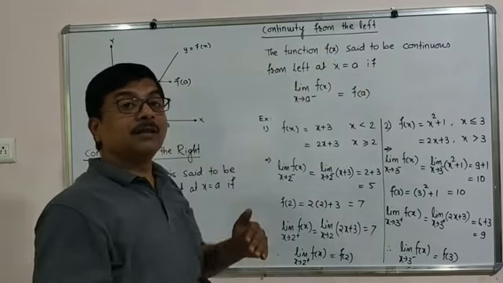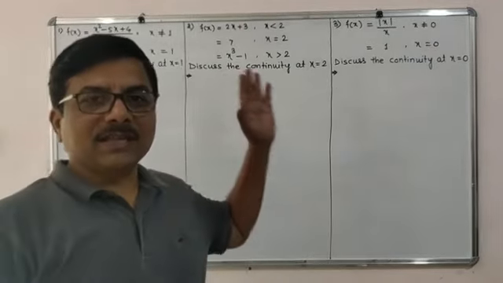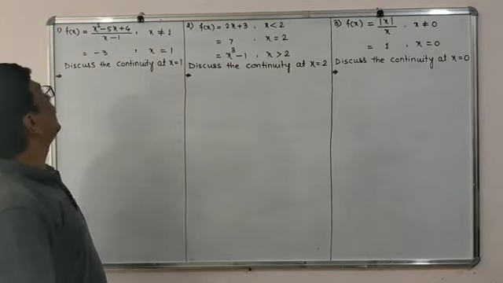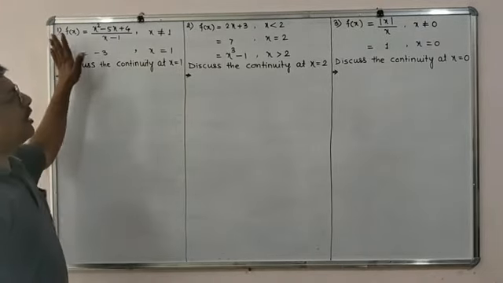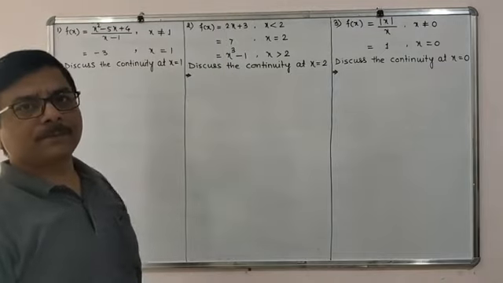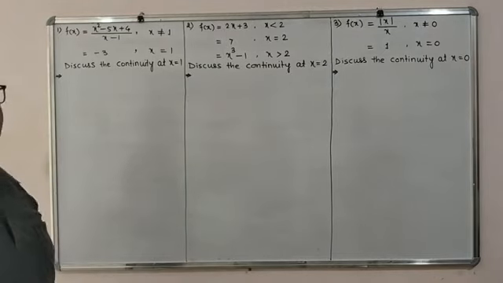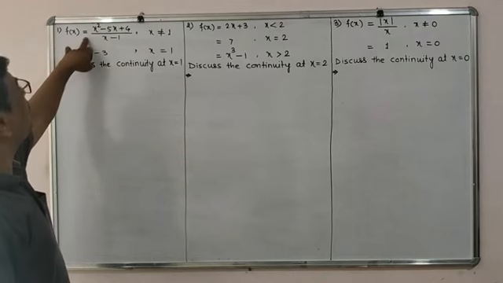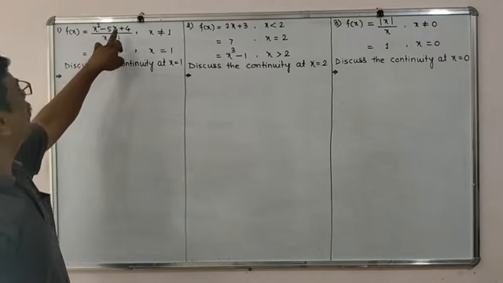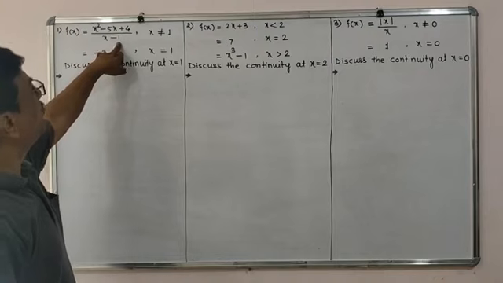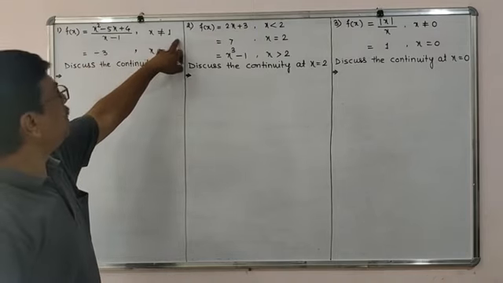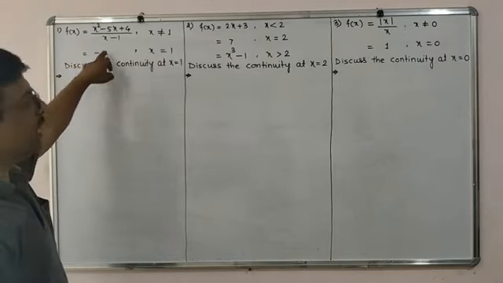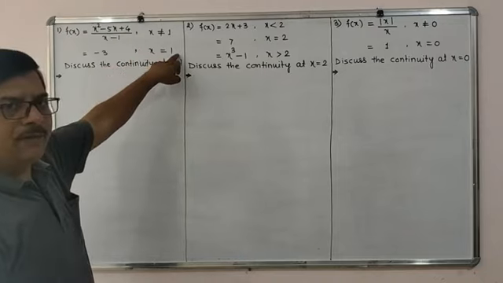Now we'll see some examples of continuity. Look at the functions first. Observe them carefully. In the first example, the function f of x is given as x square minus 5x plus 4 upon x minus 1 for x not equal to 1, and is equal to minus 3 for x is equal to 1.